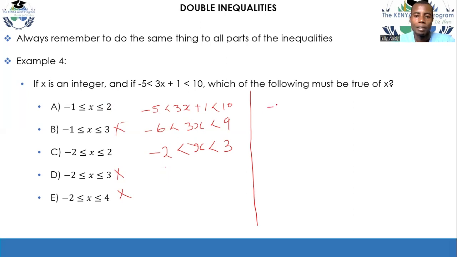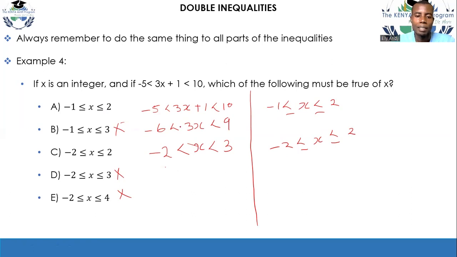Where for A we have negative 1 less than or equal to x and also less than or equal to 2. For C, we have negative 2 less than or equal to x, which is less than or equal to negative 2. Now we are done with the right-hand side of this equation. Let's look at the left-hand side. We'll start by this.